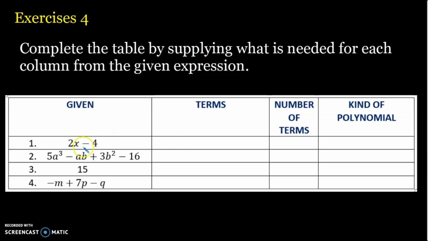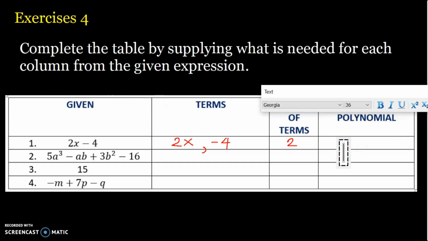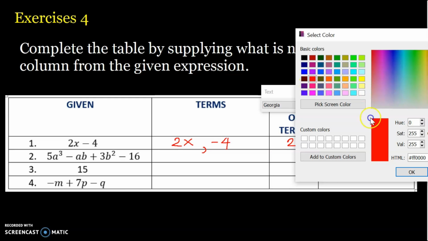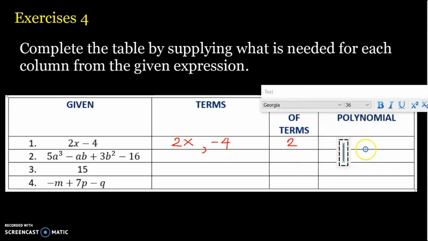So in number 1, 2x minus 4, the terms are 2x and negative 4. So dalawa yung terms niyan, at ang polynomial natin, for the type of polynomial, we have exactly 2 terms. So we call it a binomial. There you go.